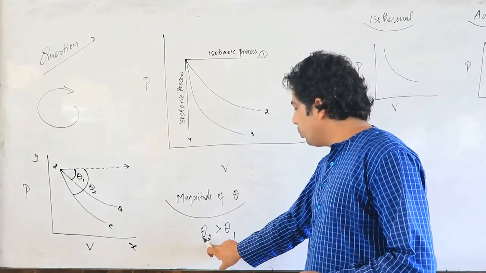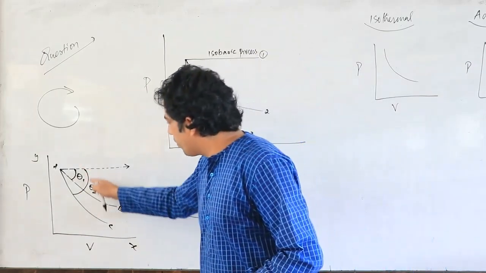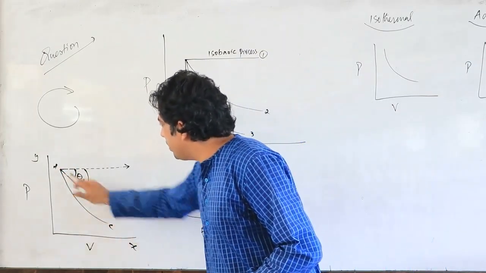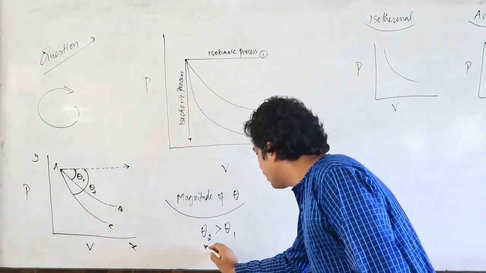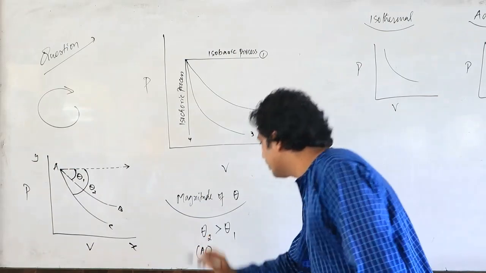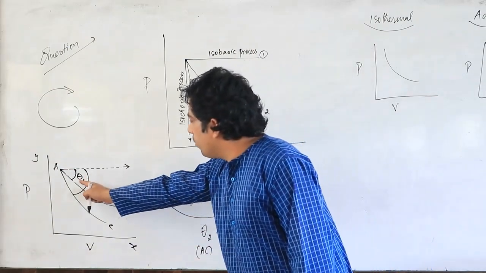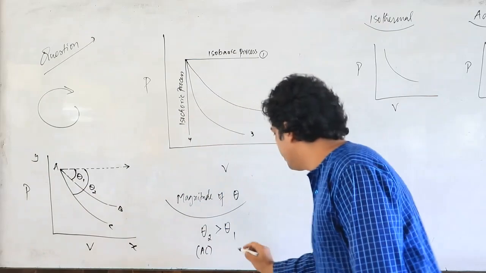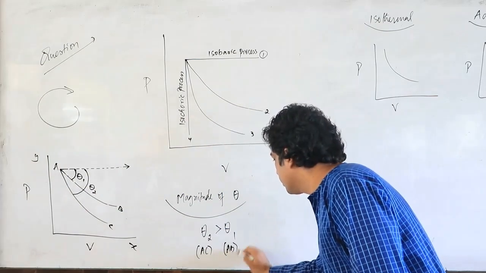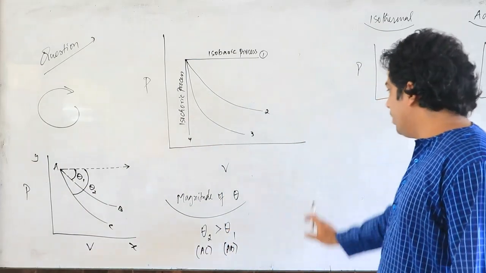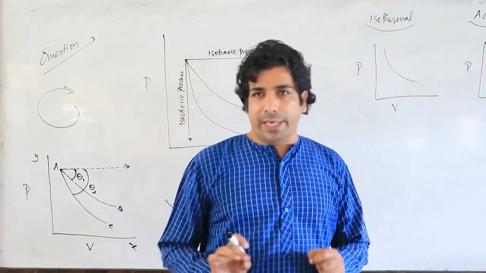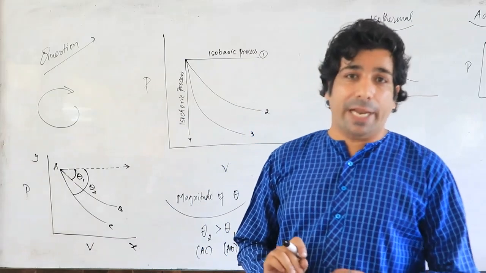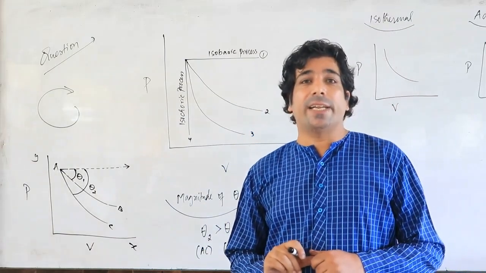And theta 2 represents which curve? AC curve. So theta 2 represents the AC curve, and theta 1 represents the AB curve. So remember, out of these two, the curve with the greater magnitude of angle is basically adiabatic.